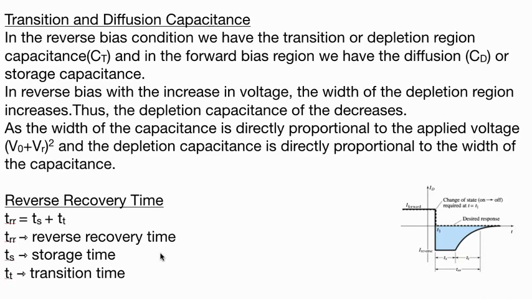So moving on, in the reverse bias, with increase in voltage, the width of the depletion region increases.